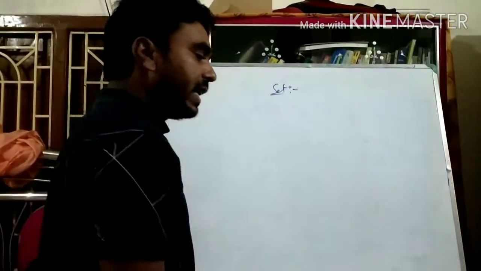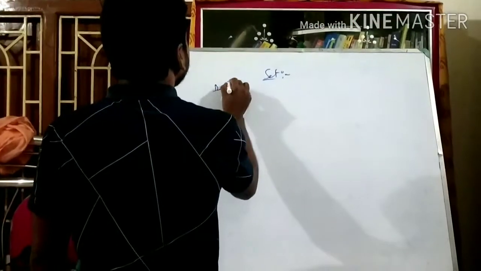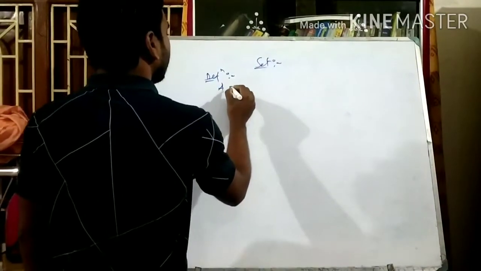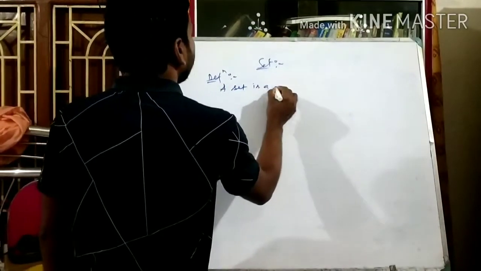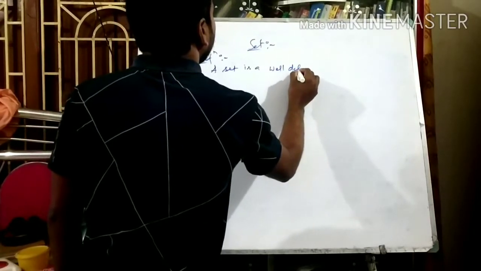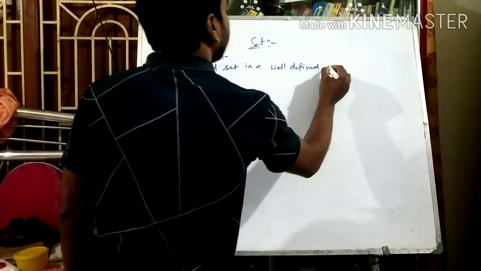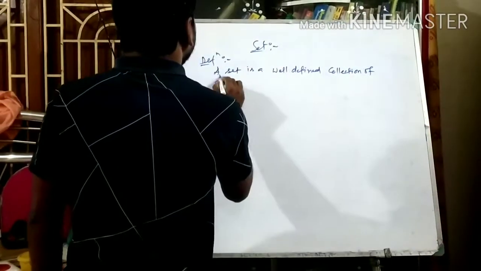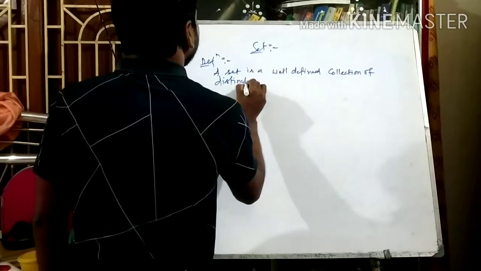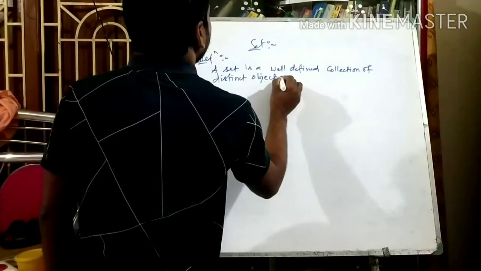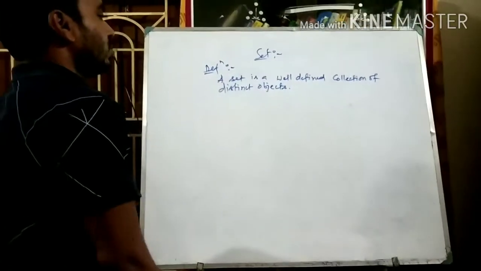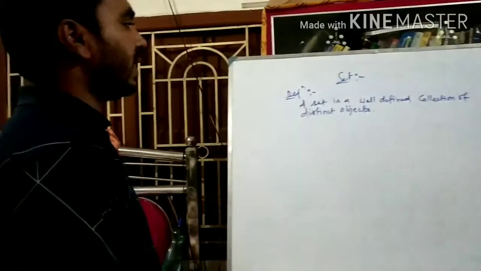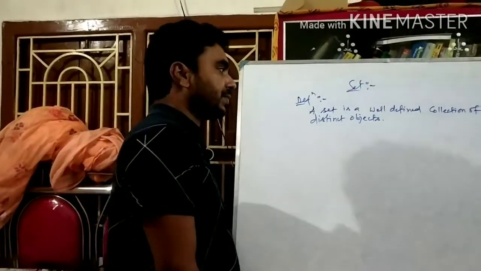According to him, the definition of a set is as follows: a set is a well-defined collection of distinct objects.